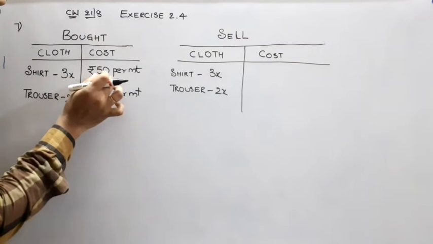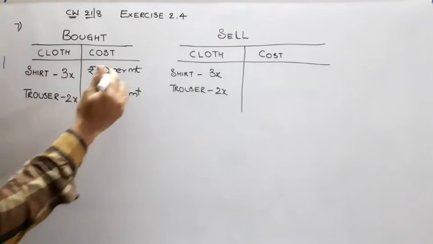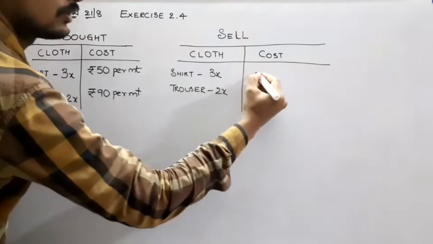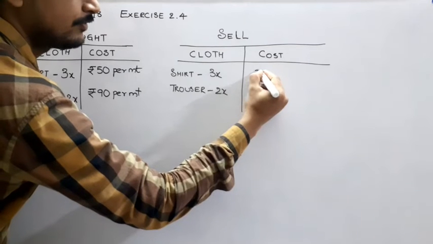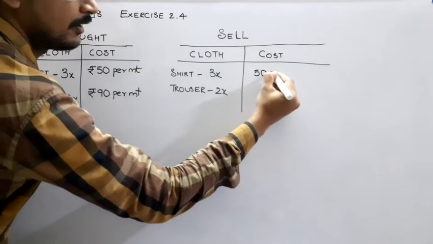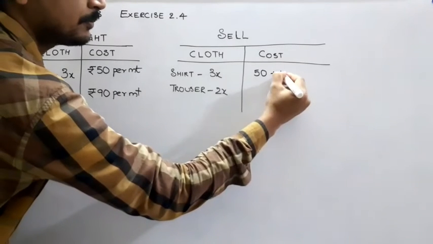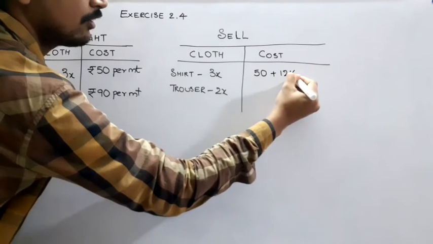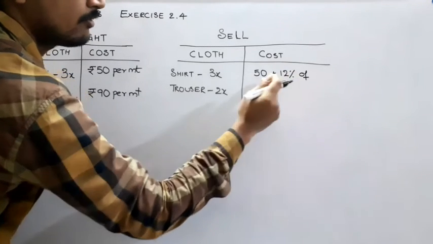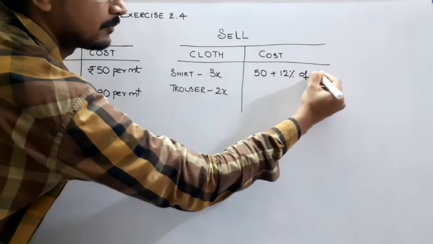That profit is going to be on the cost price. So look, originally it is 50 rupees per meter. Plus on this he is going to add 12% profit.